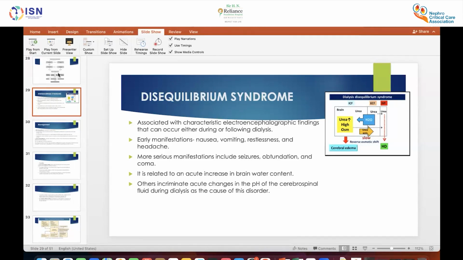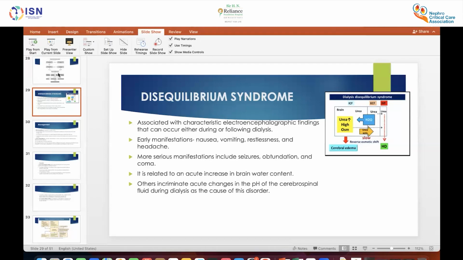I'm not saying that pH change will not happen, but besides pH change, there is an osmotic imbalance which is very much essential to happen. What happens here? You can see here. There is a brain cell which has been depicted in the top right corner.